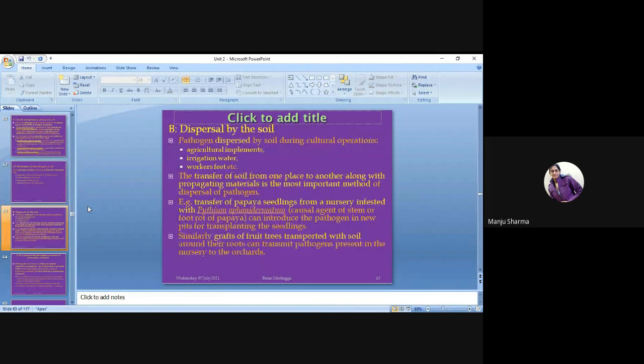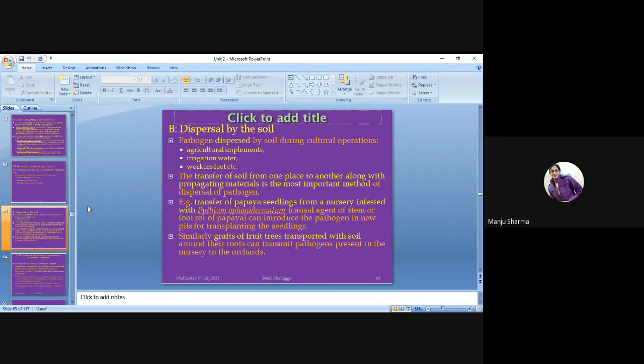So the pathogen is dispersed by soil during cultural operations, in which the first is agricultural implements, second is irrigation water, third is workers' feet, etc. By the agricultural implements, the pathogen will be dispersed by the soil, by the irrigation water, and by the workers' feet.